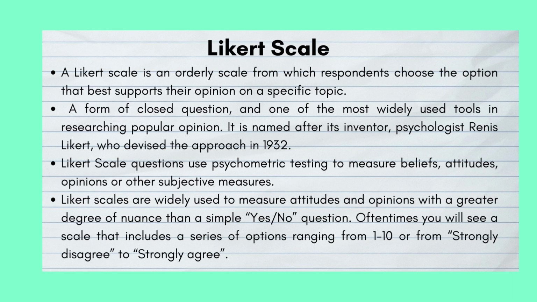It is named after its inventor, psychologist Rensis Likert, who devised the approach in 1932. Likert scale questions use psychometric testing to measure beliefs, attitudes, opinions, or other subjective measures.